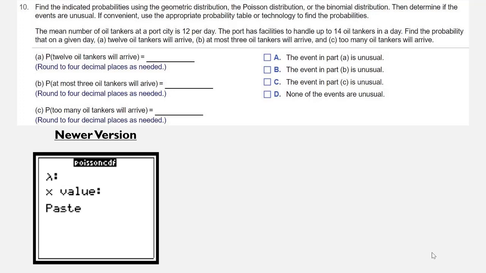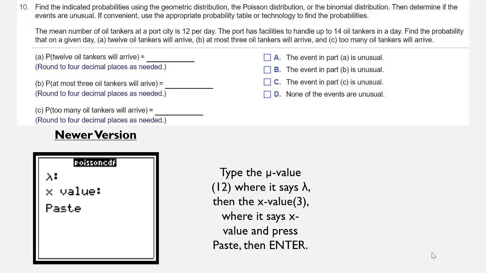So here you're going to type your mean value, your mu value, which was 12, where you see the lambda. The x value of 3, you're going to put where it says x value. You're going to highlight paste and press enter. And when you do that, on your screen you get that same 0.0022917912 value, which rounds to 0.0023. That's going to be your answer to part B.